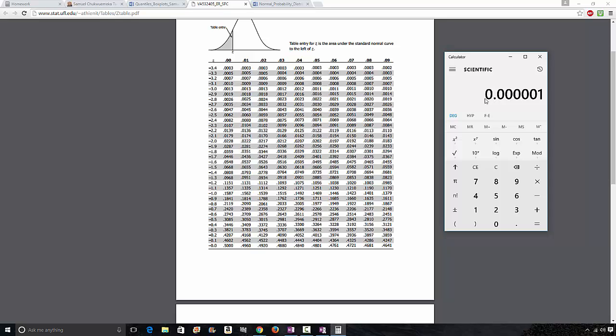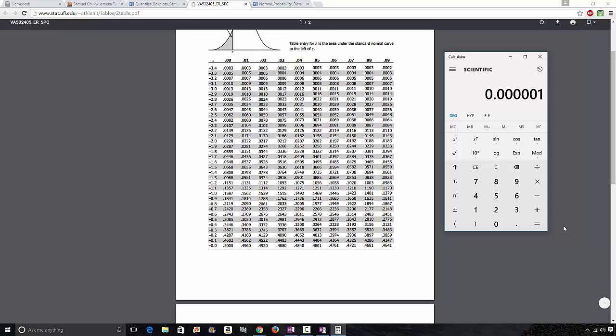You see, both of them are equidistant. Because they're equidistant, we can now do negative 1.17 plus negative 1.18.